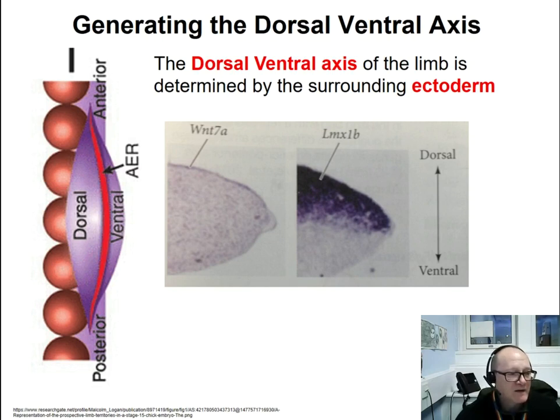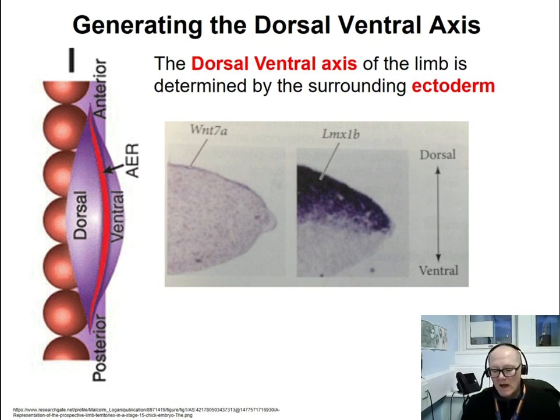You have the anterior position on the top, the posterior position above, and here is the limb that is developing. In red, you have the apical ectodermal ridge that separates the dorsal portion of the limb from the ventral portion.